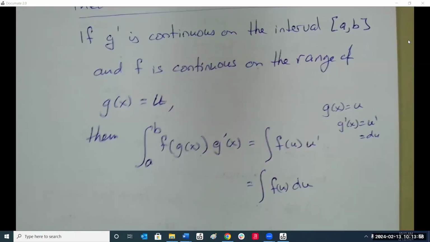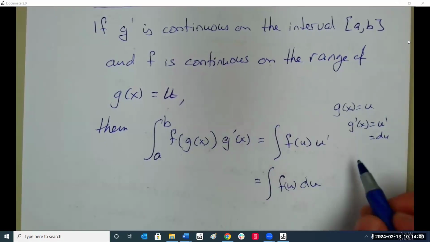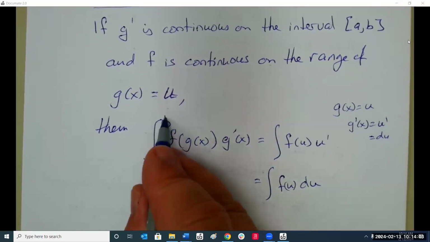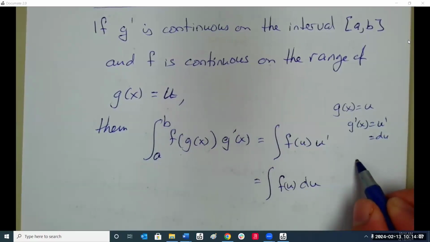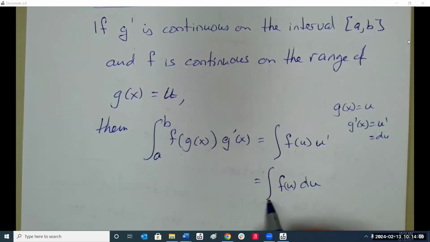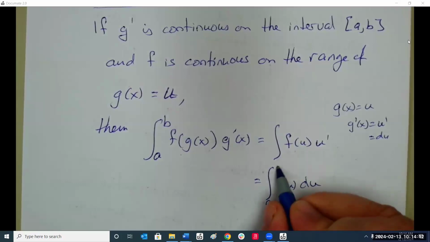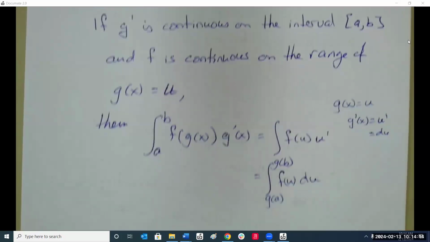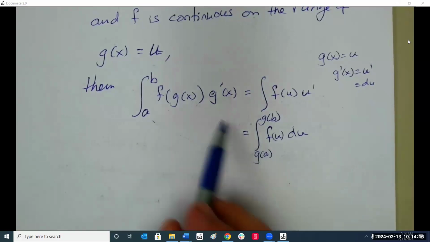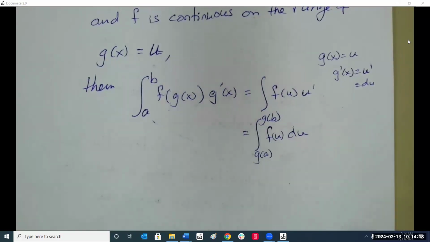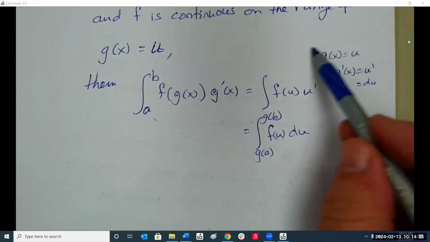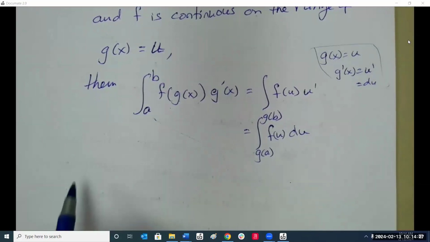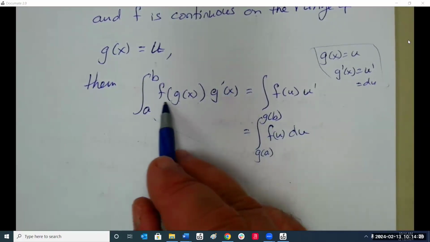That's what we have, f of u du. But because we have the bounds a to b that are values of x, we're changing the bounds of integration with respect to g of x. So as long as we have a composite function, this will work, and it's in the form f of u du.